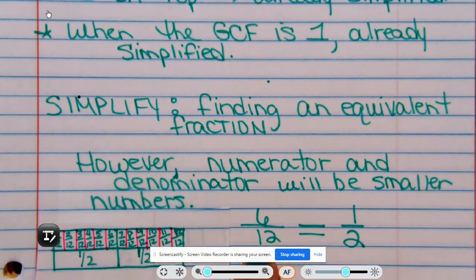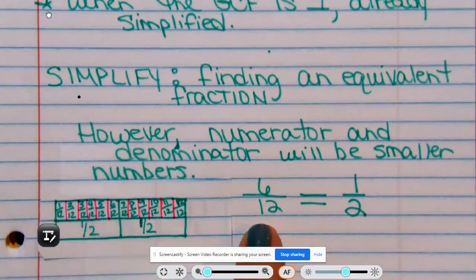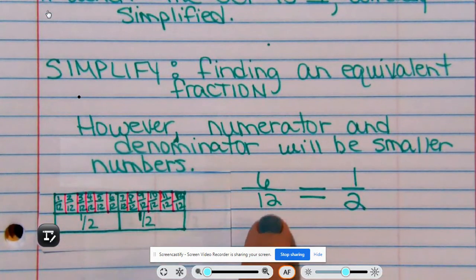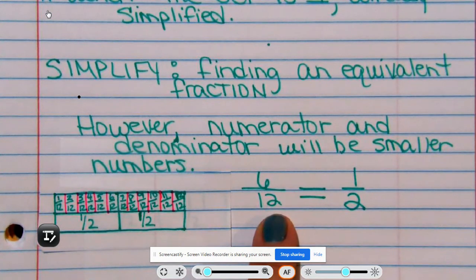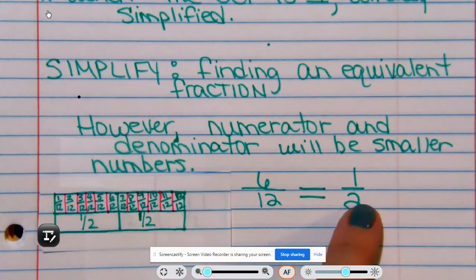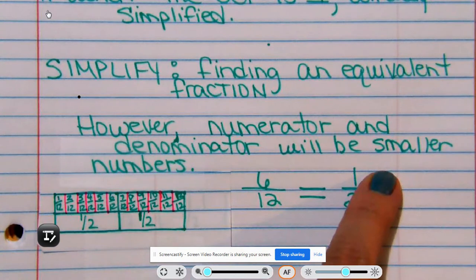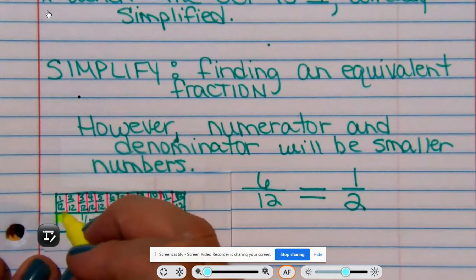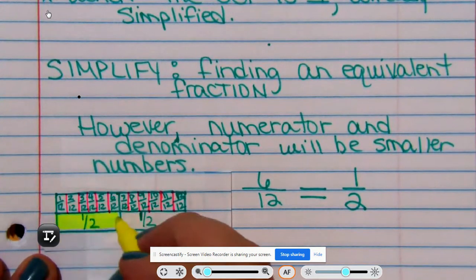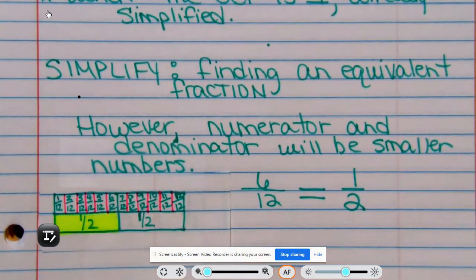That doesn't mean that the pieces are going to get smaller. Let's watch what happens. We have 6/12 is equal to 1/2. So 6 got smaller, 12 got smaller. So let's see what happens. We have 1/2. This is the simplified fraction. That's a pretty big piece.